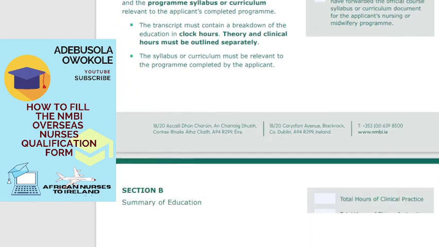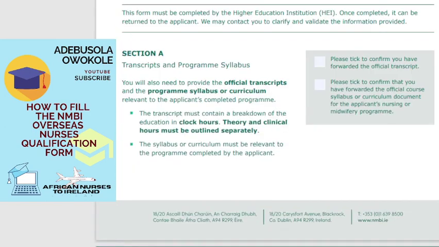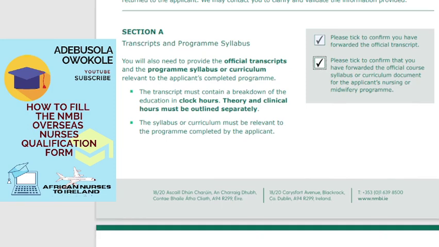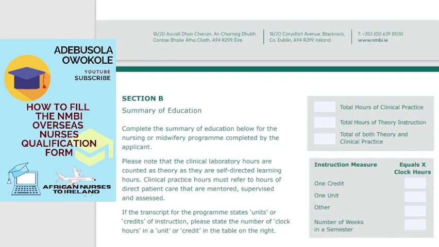Now about the form, this says tick to confirm that you have forwarded the official transcript, so that should be ticked. If you are opening the document on a PC, you can click on it because it's an editable PDF form, and it's going to be ticked.